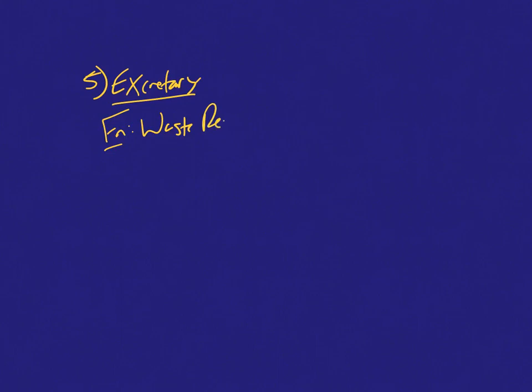All right, our fifth system, very quickly, is your excretory system. And your excretory system, the function is waste removal, right, or disposal. So waste removal, really bad handwriting there, or disposal.